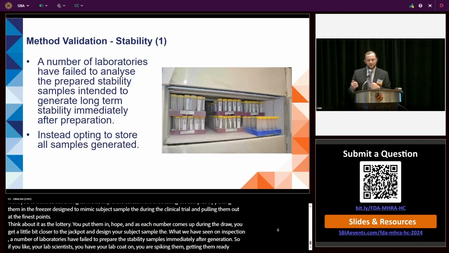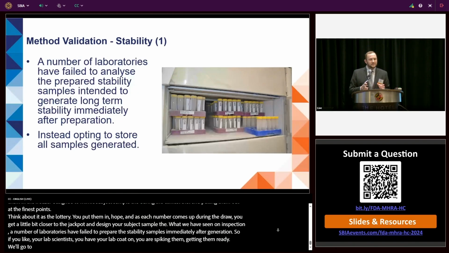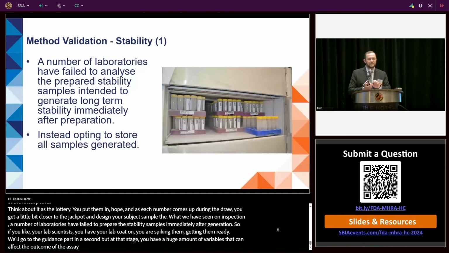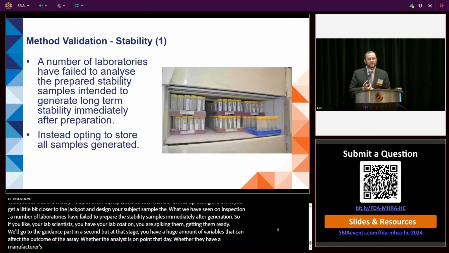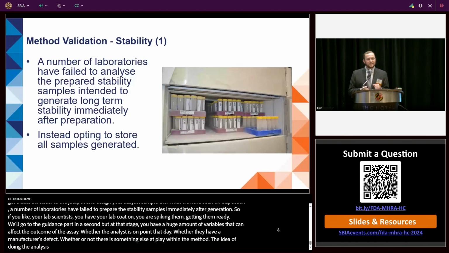We'll go to the guidance part in a second, but at that stage, you have a huge number of variables that can affect the outcome of the assay. Whether the analyst's pipetting technique, if that's what you're doing, is on point that day, whether the tip has a manufacturer's defect, whether or not there is something else at play within the method. The idea of doing the analysis up front is to give you as clear an indication as possible of what you can see later on, that you knew it was all right when it left there.